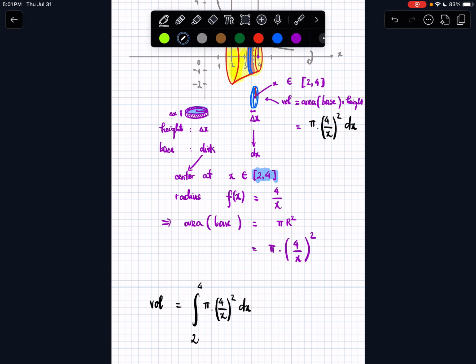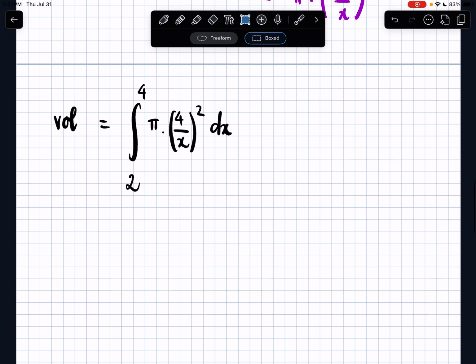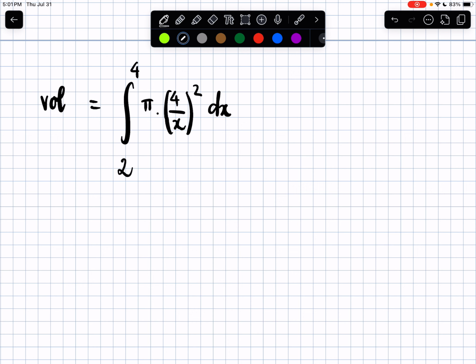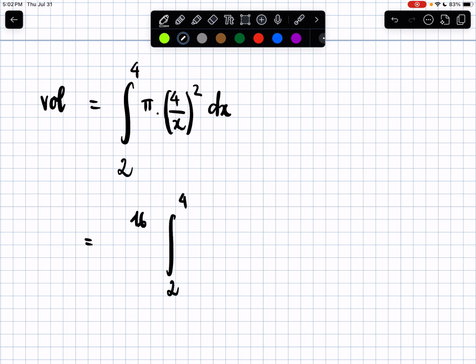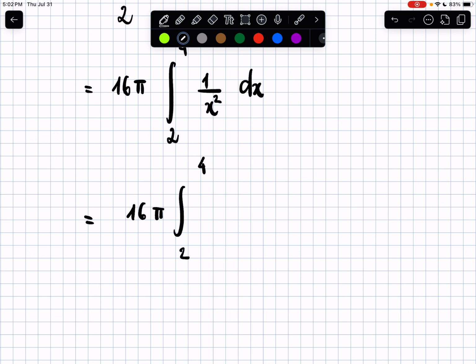So here's how we set up the integral. Which is from 2 to 4, 4 squared is 16, so 16 pi is a constant, and we figure out the integral of 1 divided by x squared dx, from 2 to 4, that is x to the minus 2 dx.